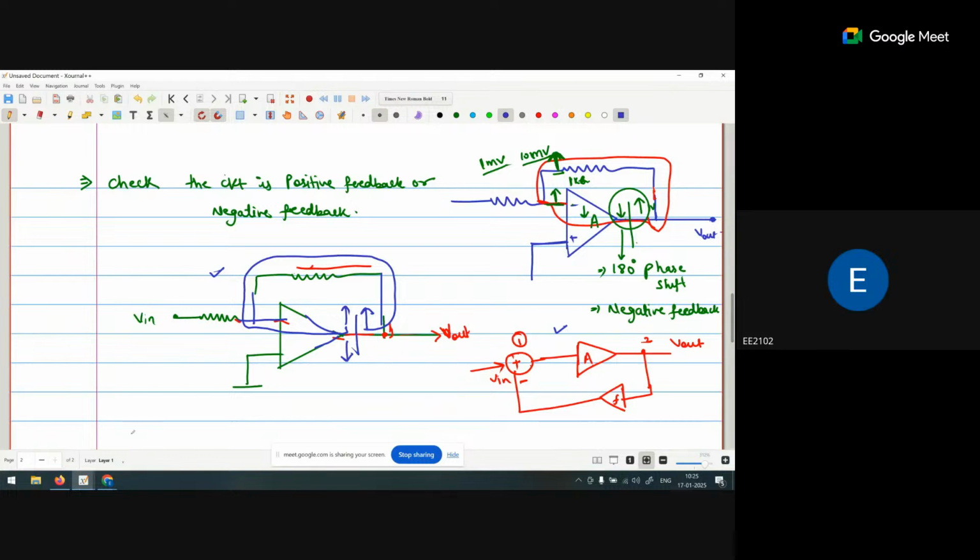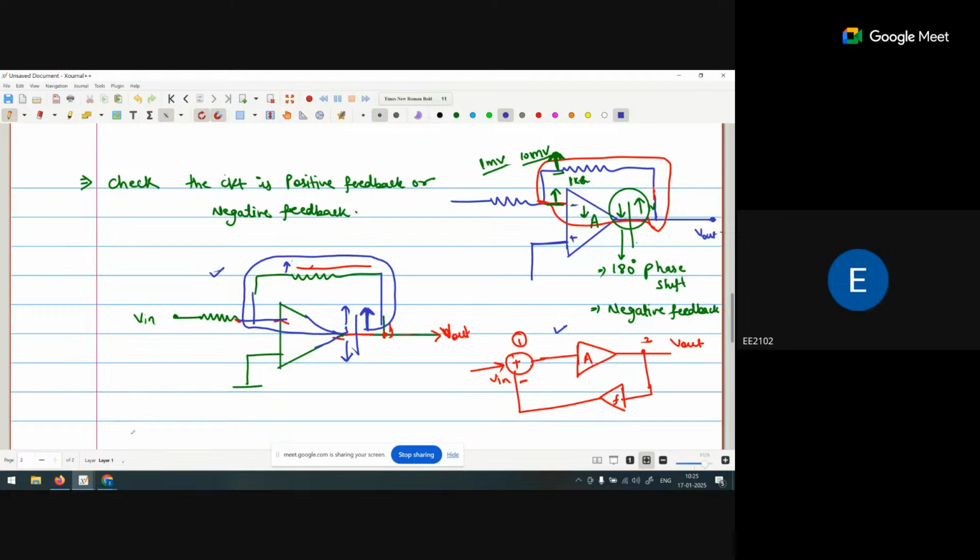When this increased voltage passes through the resistor, it only changes the magnitude. It doesn't convert positive voltage into negative or negative into positive, because a resistor doesn't have any polarities. So when we increase the signal in a positive direction, the resistor will decrease the magnitude, but it does not change the sign.